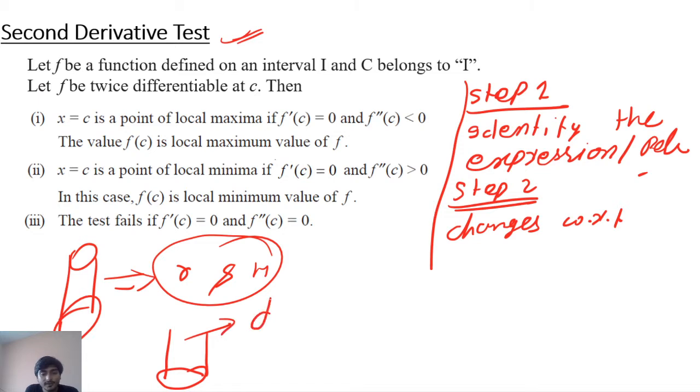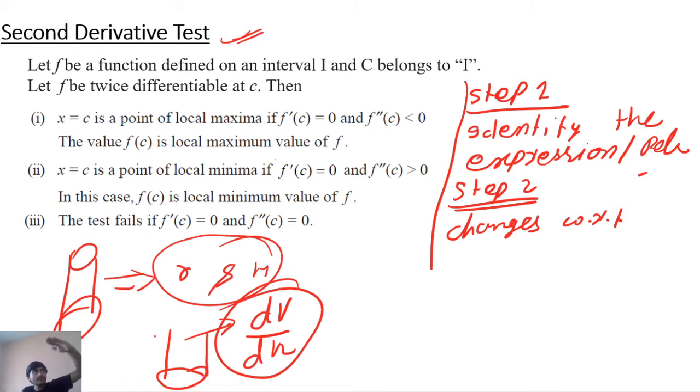So whenever I consider the volume of this, I will always consider it with respect to its height. If I'm filling water, height will increase, or if I'm emptying the water from that cylinder, water will go out, but the radius will still be the same.